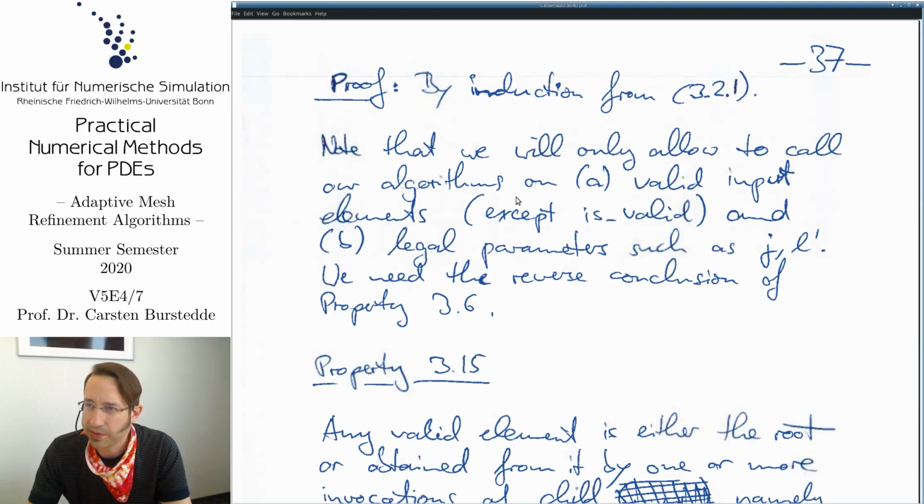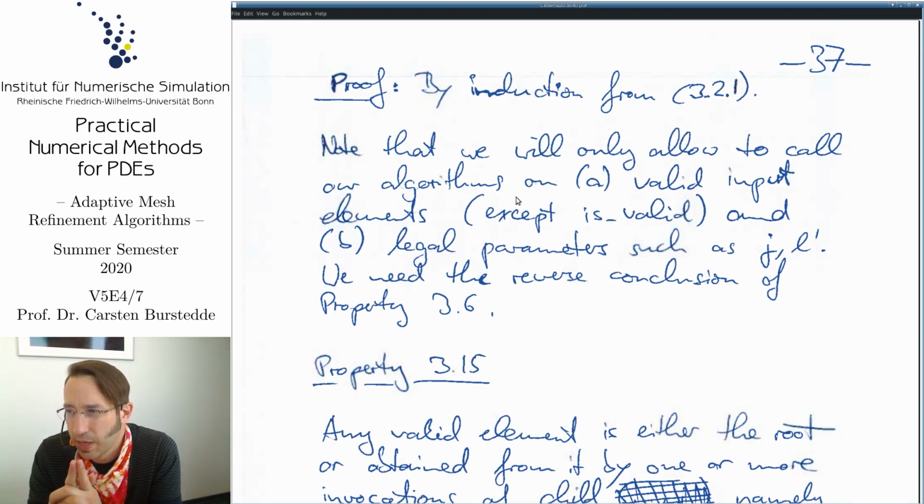As a note or a reminder, we will only allow our algorithms on valid input elements, except is valid, of course, which we can call on anything, and it will tell us if this element is valid. And we will assume that we only call algorithms on legal parameters, such as the child ID or a sibling ID or some target level L prime. In the computer code that we'll be writing, of course, we must think of the fact that somebody will call the functions inappropriately.